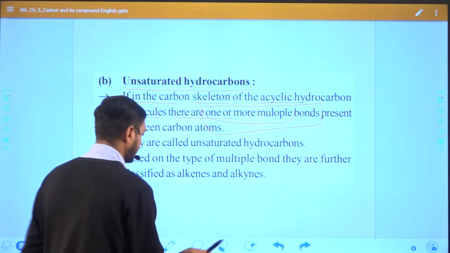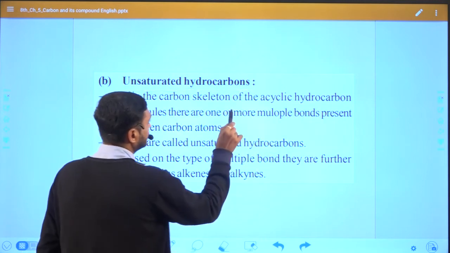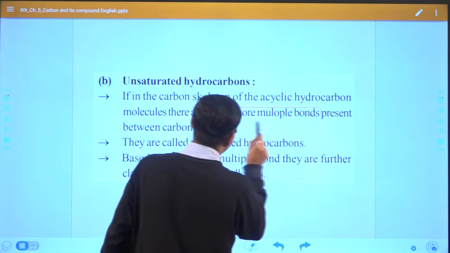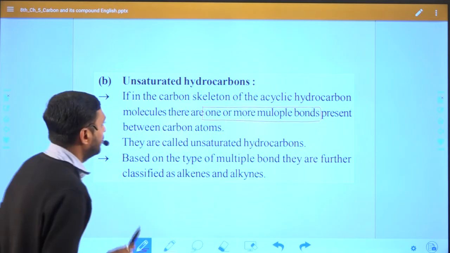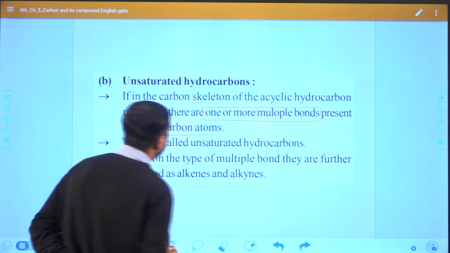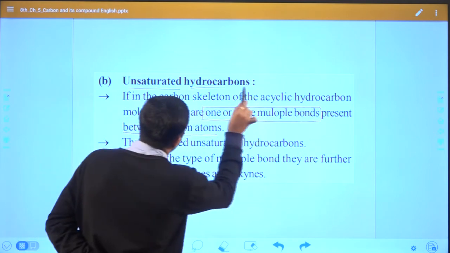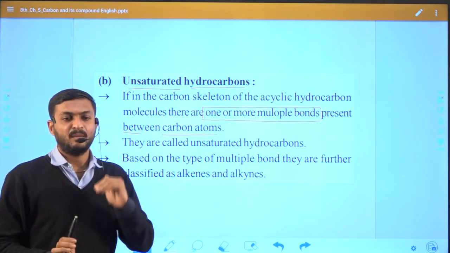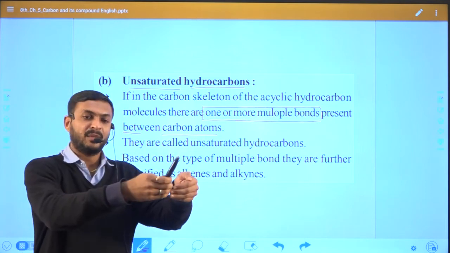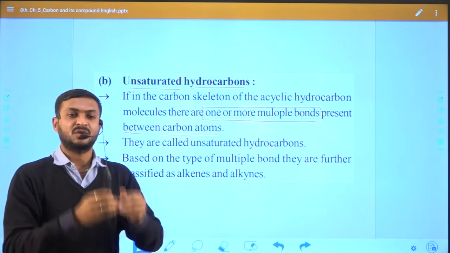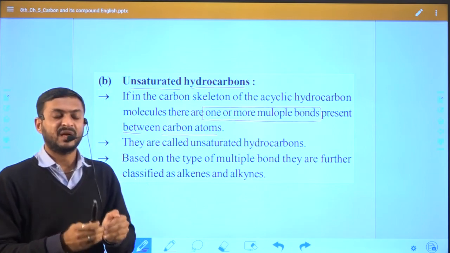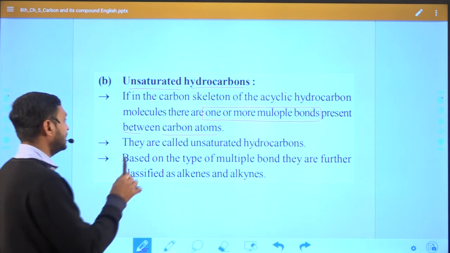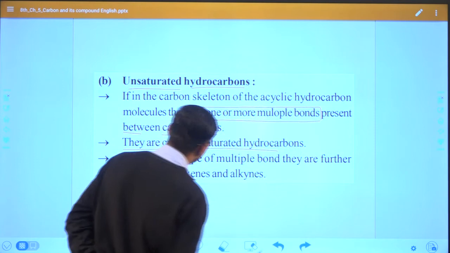It can be one or more than one. That means one multiple bond may be present, or more than one multiple bond may be present in the molecule. That type of compound is known as an unsaturated hydrocarbon.